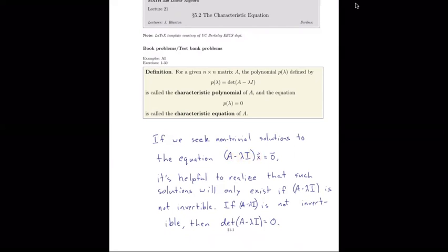Invertible matrices have only the zero solution to the homogeneous equation. So what we can do is take the determinant of A minus lambda I, as we've done up here to form this characteristic polynomial, and set it equal to 0.